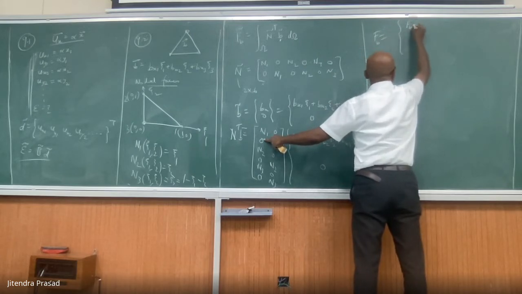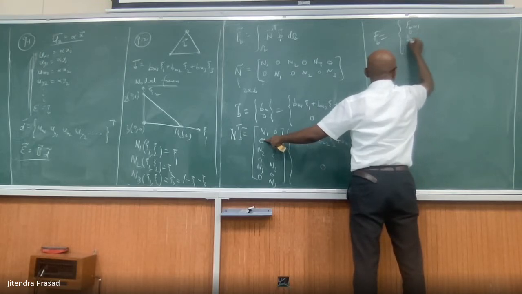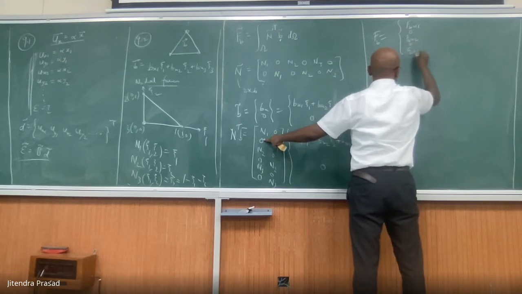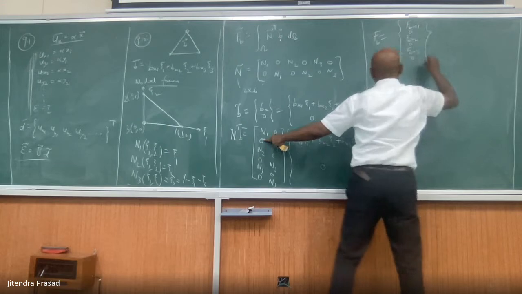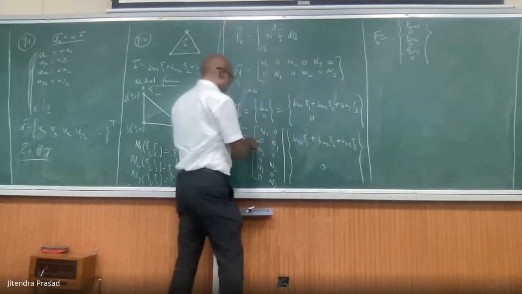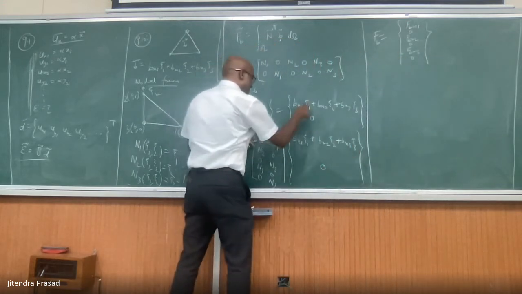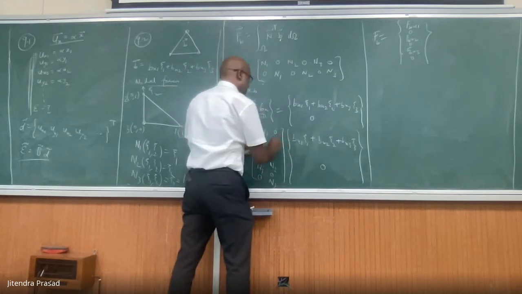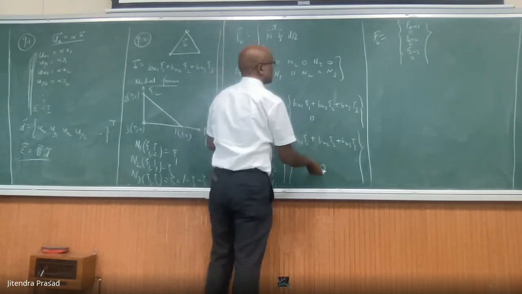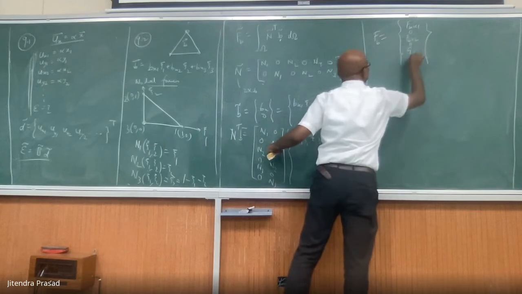Let's call it FB: FBx1, then 0, FBx2, 0, FBx3, 0. Why 0? Because if you see number 2, this multiplied by this, 0 multiplied by this, becomes 0. So every other one you get 0 only.